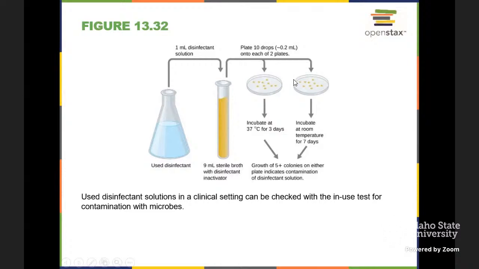Did you say probably? Okay, so we take some of this, add it to the inactivator, and then we take from that tube and we put a little bit onto two different plates. Basically, two different incubation temperatures. One's going into the 37 and the other's just sitting out on the bench top. So we look and see, are there organisms that are ultimately growing, organisms that are in this stuff?